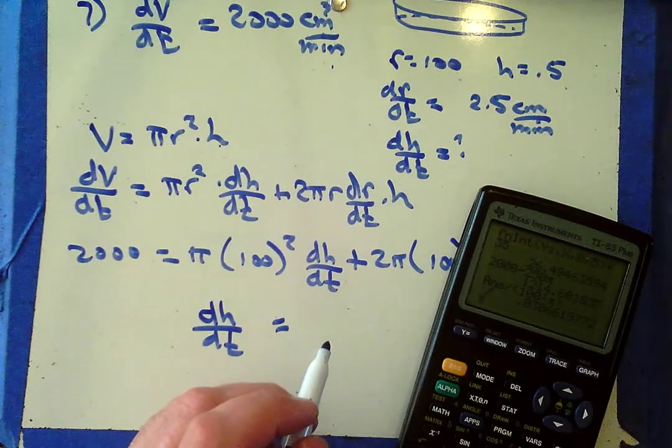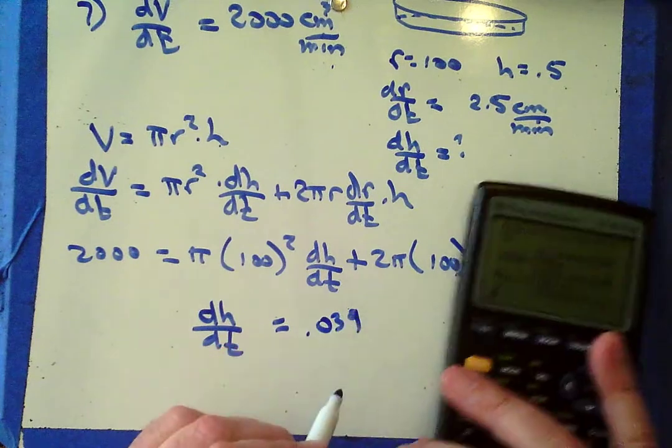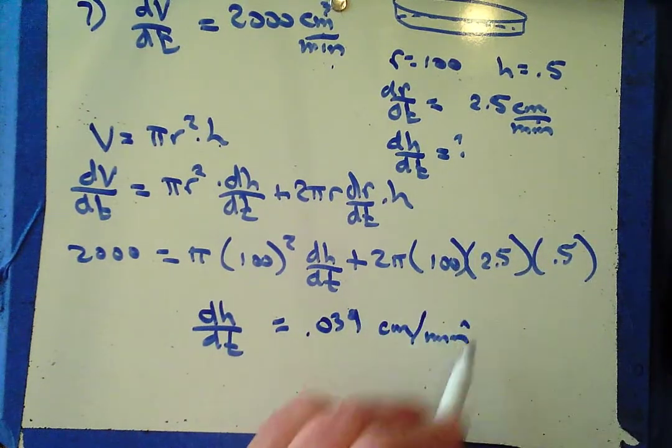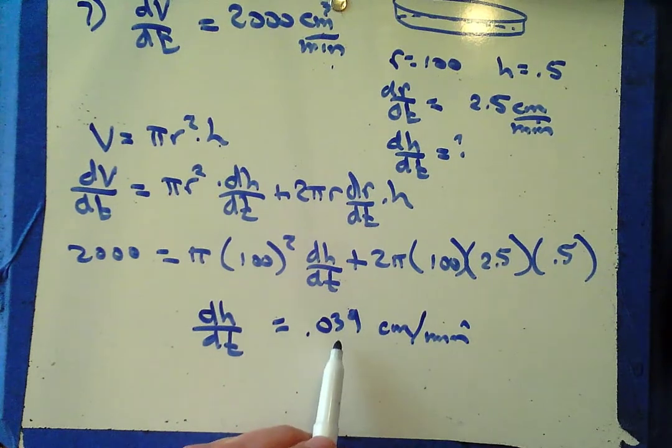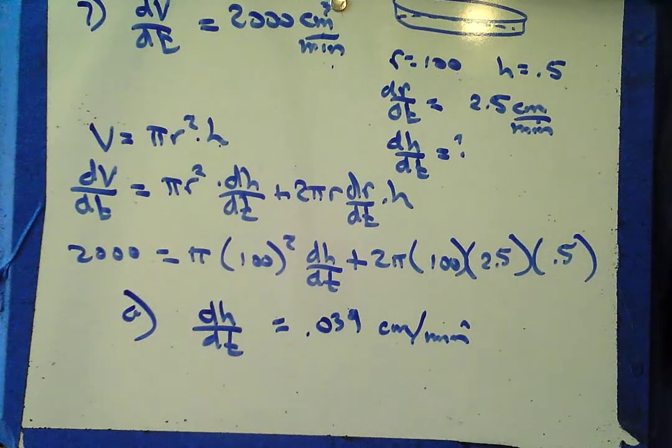And I get 0.039, and those would be centimeters per minute. So it's not getting very high, very fast. It's getting much wider, much faster. Okay, there's part A, a related rates problem.